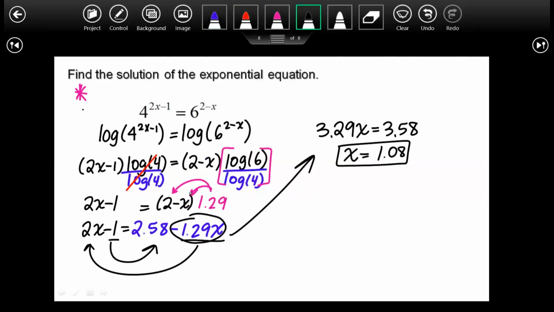Adding 1.29 over to the other side, 1.29 plus 2, 3.29.